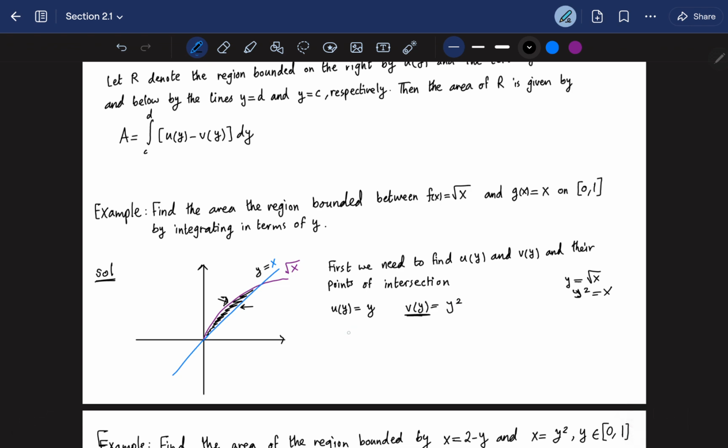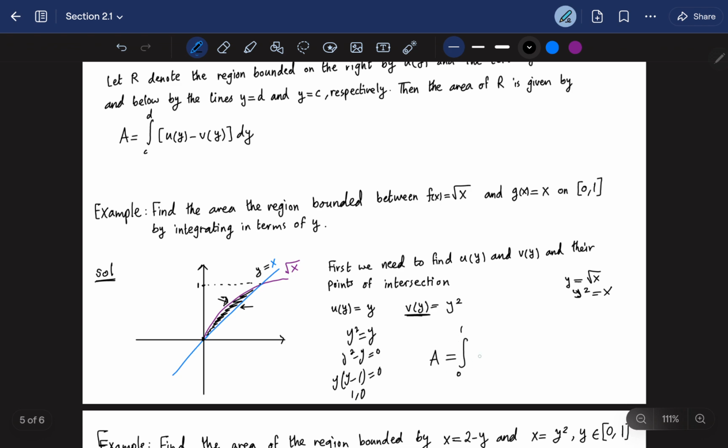Now the points of intersection: y squared is equal to y. So y squared minus y is 0. So I have 1 and 0. So from 0 up to 1. So the area here, if I want to find it with respect to y, my c is 0, my d is 1.